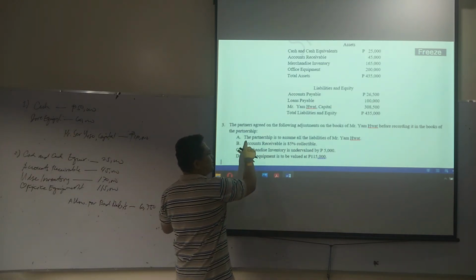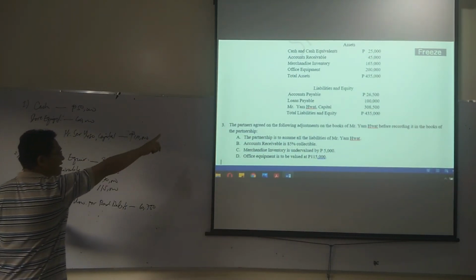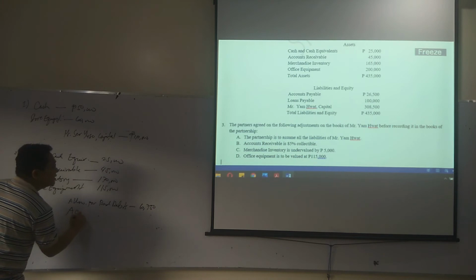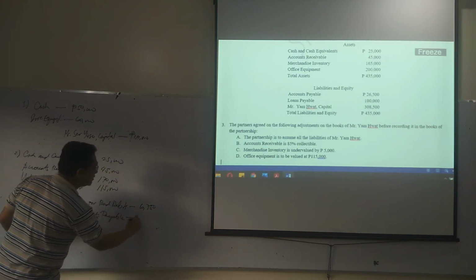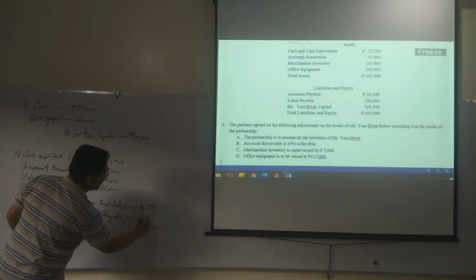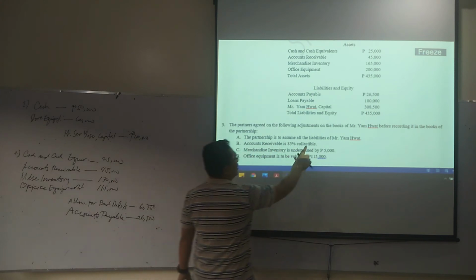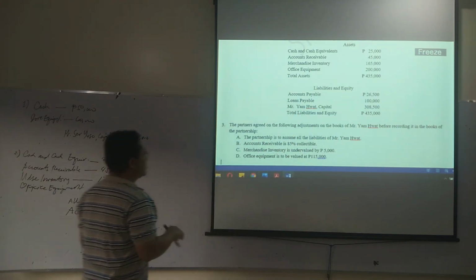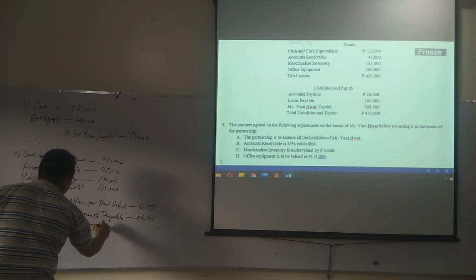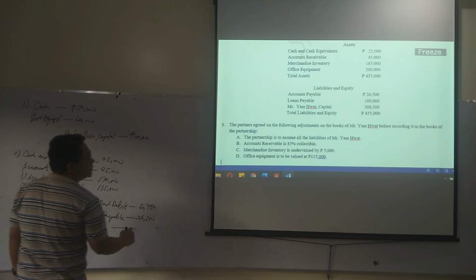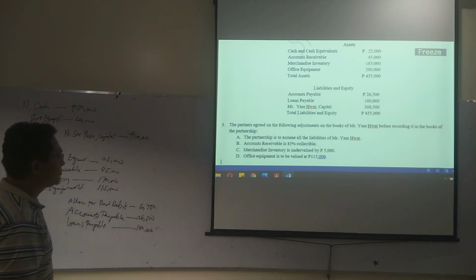Next, the partnership is to assume all liabilities. So we will record all liabilities. So accounts payable 26,500. It says all, so accounts payable plus loans payable. Credit loans payable 100,000.